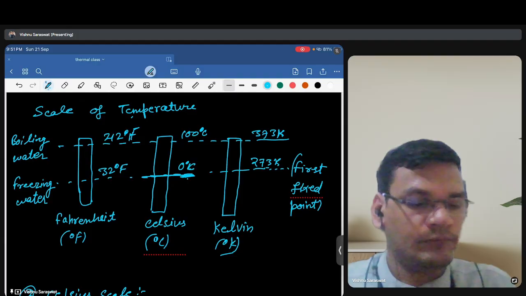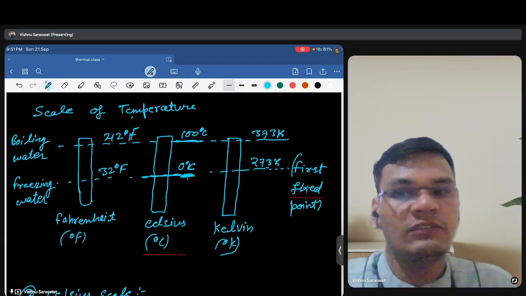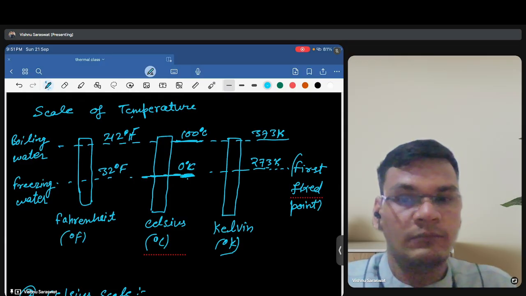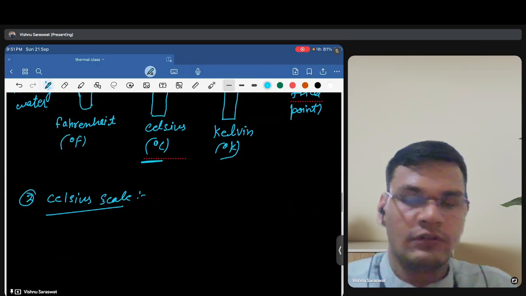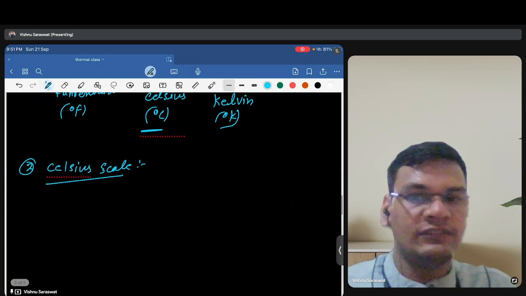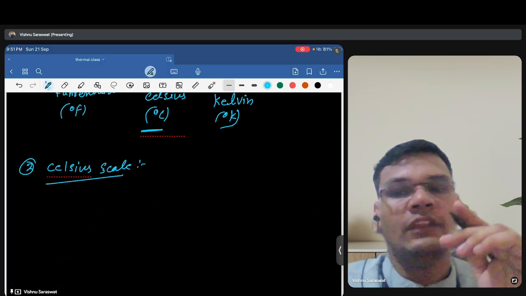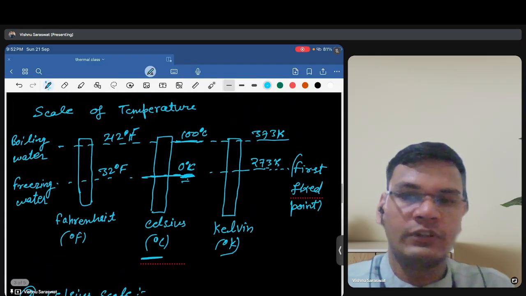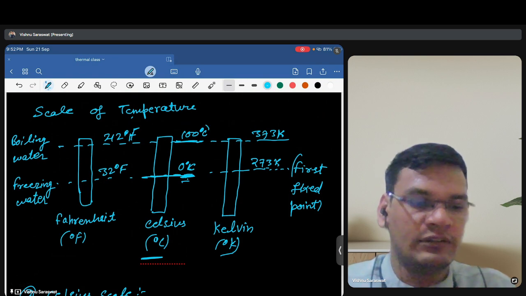The second reference point, the steam point of water, is taken as 100 degrees Celsius. The temperature measured on this scale is in degrees Celsius. So in the Celsius scale, the lower fixed point is 0 degrees Celsius, and the upper fixed point is 100 degrees Celsius.